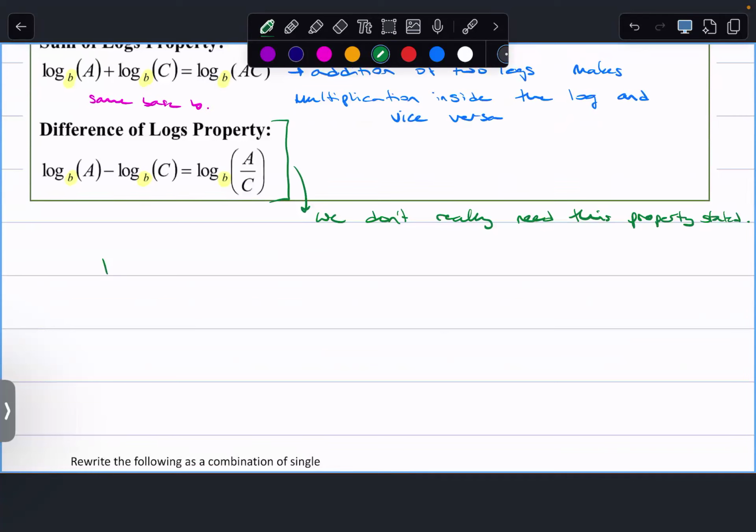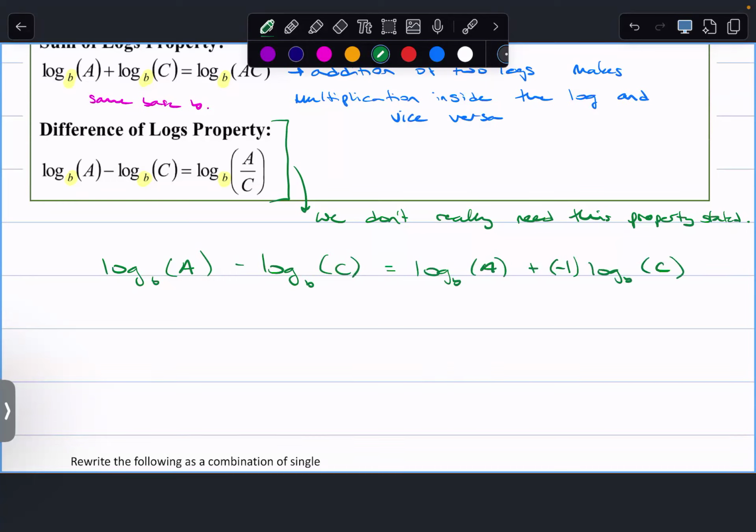Because if we start with log base b of a minus the log base b of c, I can rewrite this as the log base b of a plus -1 times the log base b of c.